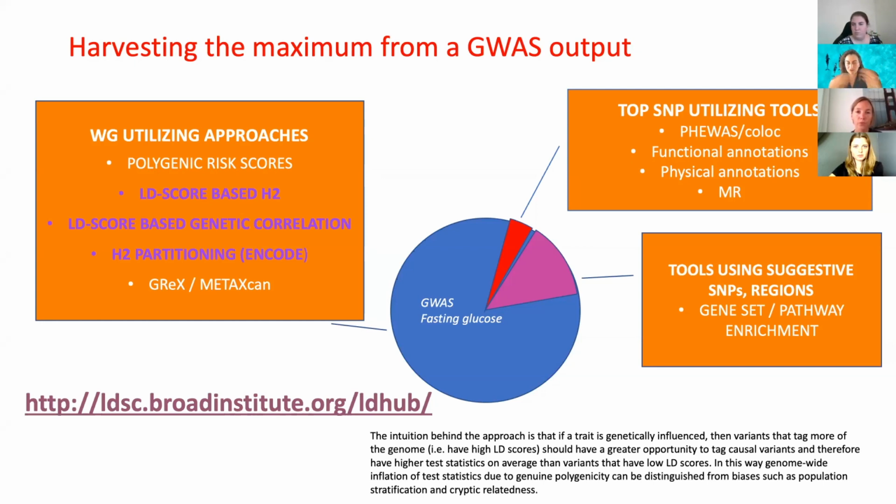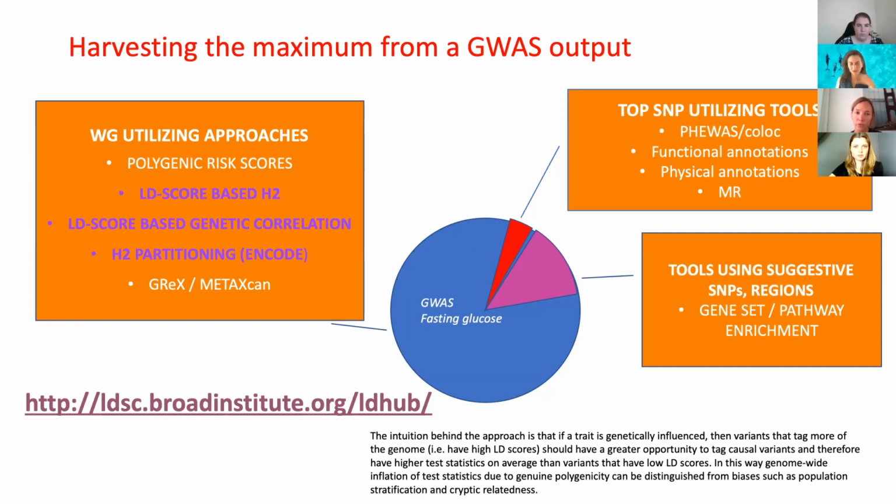You can partition the genome-wide inflation into true results and spurious results, meaning bias. There are very interesting uses of these methods.